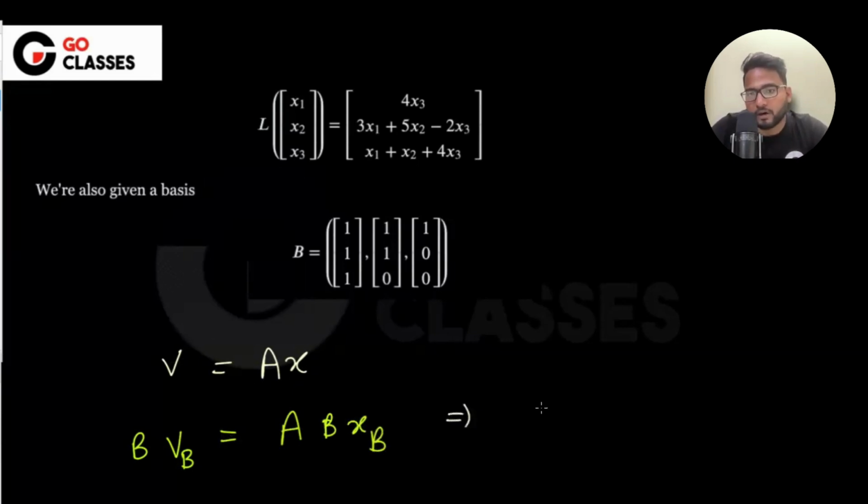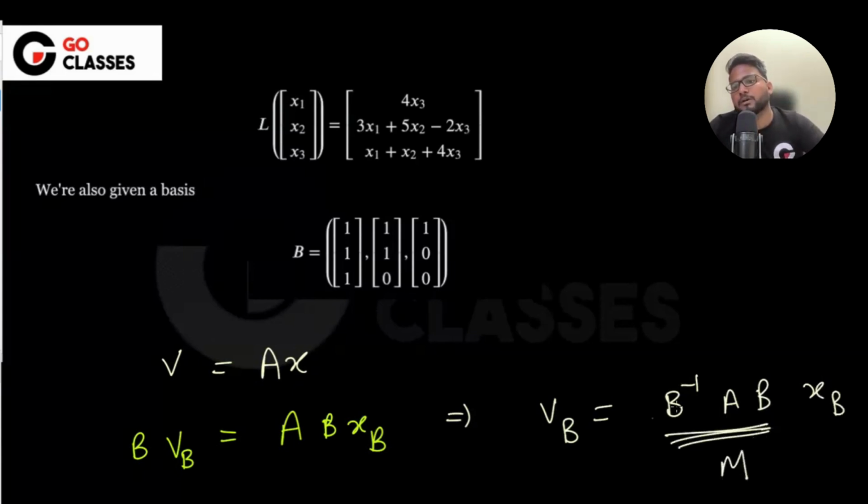From here you can write [b]_B equals B inverse A B [x]_B, right? So this is the matrix I just asked you. Okay, that takes input from the basis B, does the transformation, and then reverses it, and gives the output in the basis B.